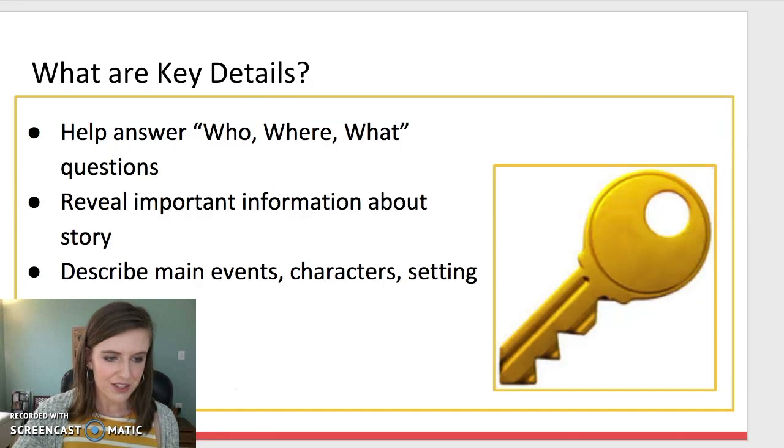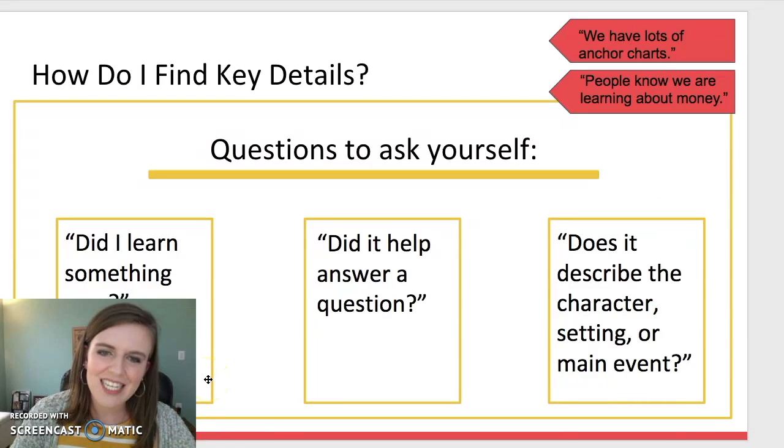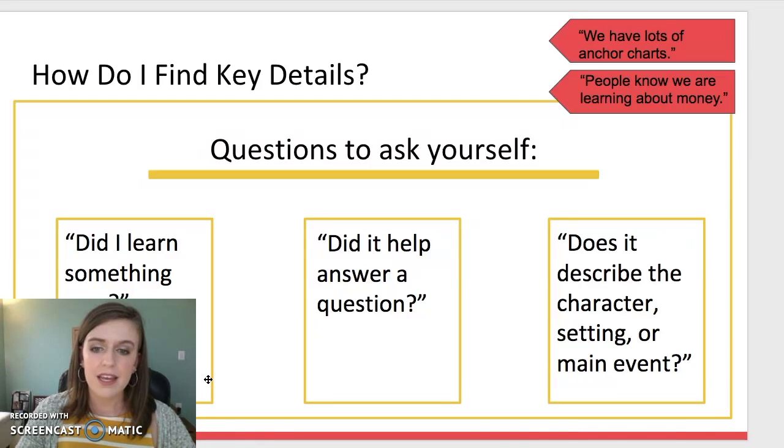So, how do we find key details? So a couple questions to ask yourself are, did I learn something new? Was something revealed that I didn't know before that has an impact on the story? And then, did it answer a question? So think about those who, what, where questions that we've been discussing so far.